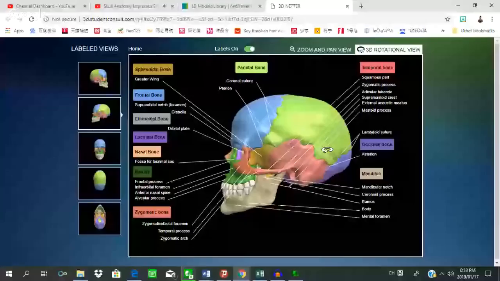Like I said before, each bone has specific features that are particular to it and constitute that bone. This is just a simplified view for the purposes of remembering, but as you look, you can see particular features on each bone.